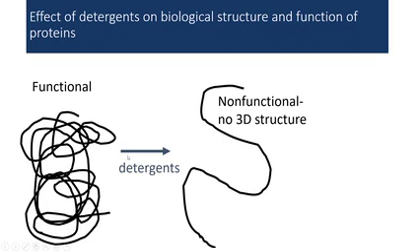And detergents react with those and convert it to just a random string. And that random string then has no function. It can't work as an enzyme. It can't work as a building block in the cell. There are maybe 20,000 different proteins in the human body, and virtually all of these would unwind and lose their ability to function when detergents react with them.